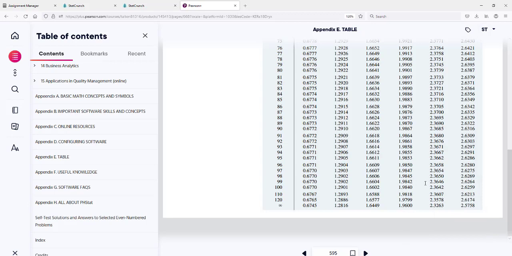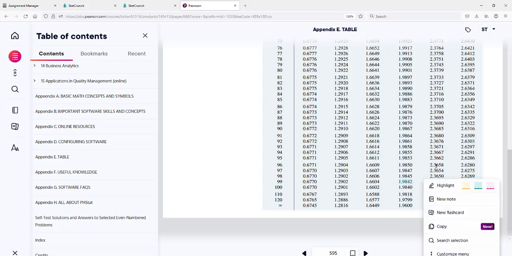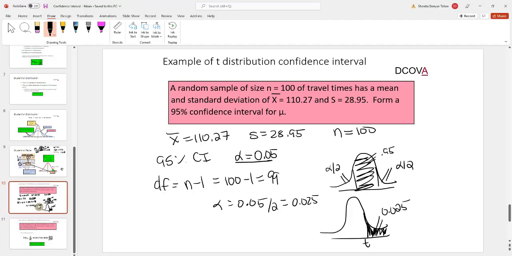Okay. It's 1.9842. I just had it. Why won't it? There we go. 1.9842. So that will be my t critical value that I would use in my formula. So let's go back to our slide.